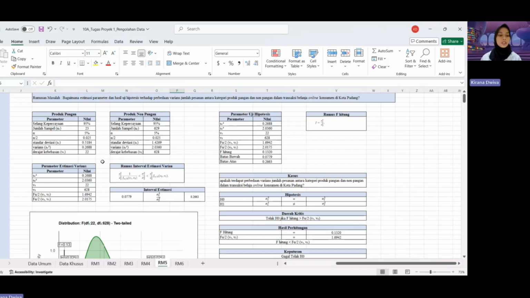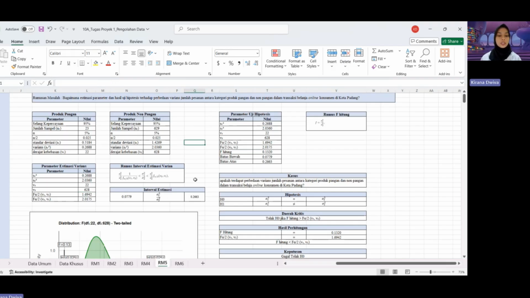And then we obtain the parameter table for the variance estimation. There are S1 square, S2 square, V1, V2, F alpha per 2, V1, V2, and F alpha per 2, V2, V1. We got the value of F alpha per 2 from the Excel F inverse formula.